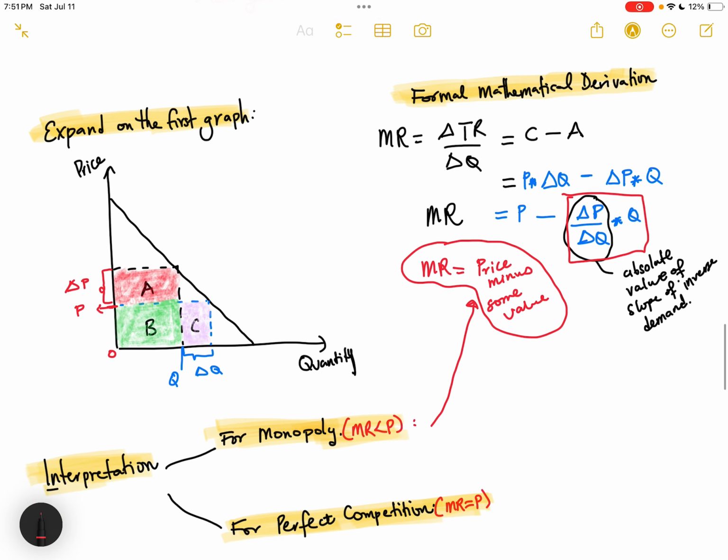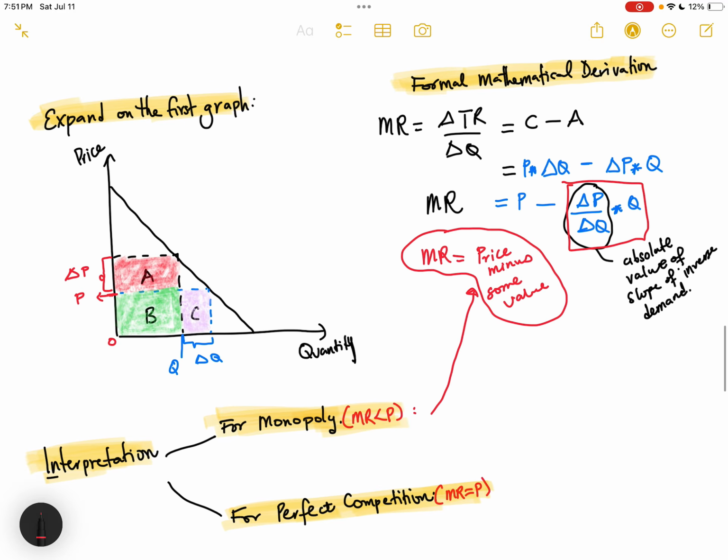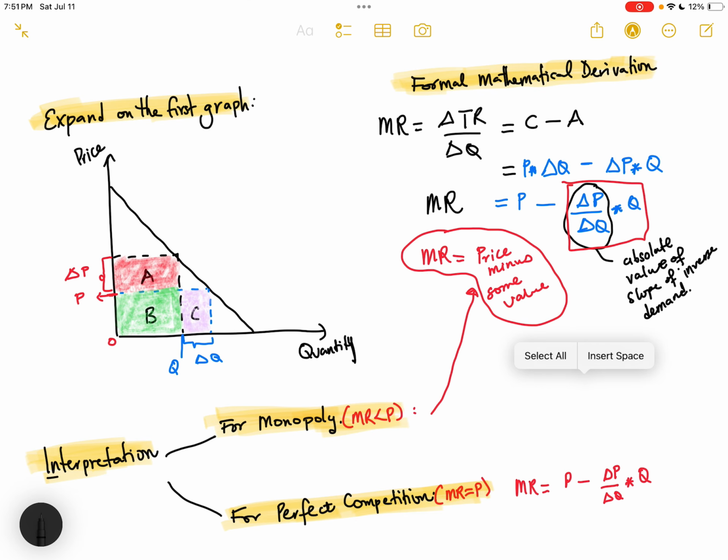What about for perfect competition? Well, still continue to take a look at this formal mathematical derivation we have here. We have MR, marginal revenue, equal price minus change in P over change in Q times Q. Now, I want to ask you a question here. When we say firms in perfect competition are price takers, what do we mean? We mean that their change in price is exactly zero.